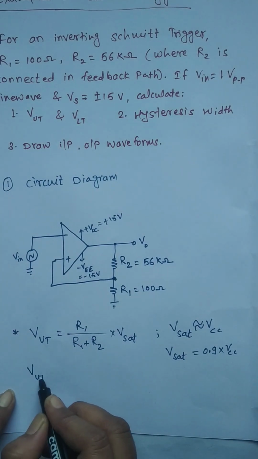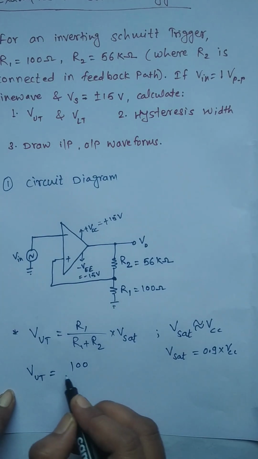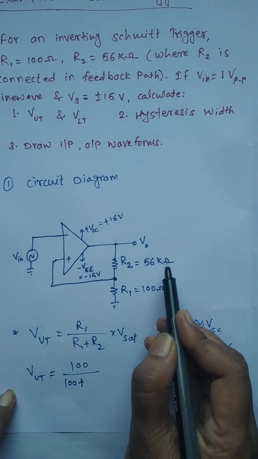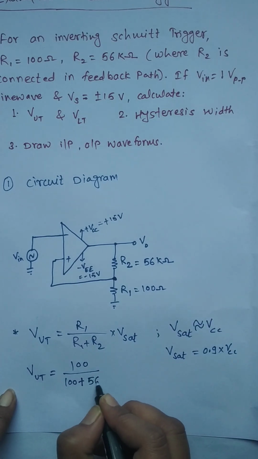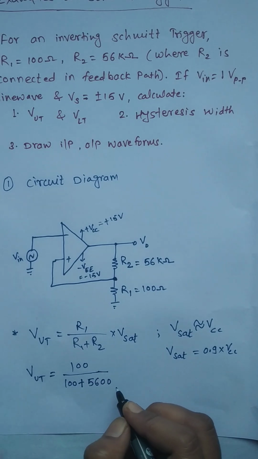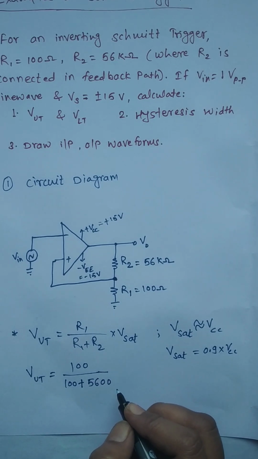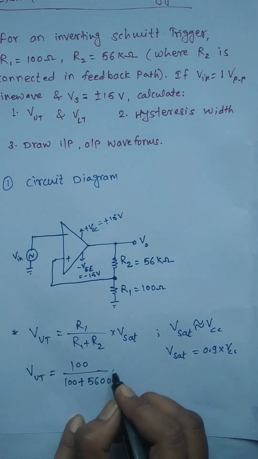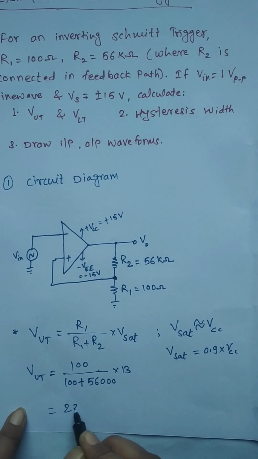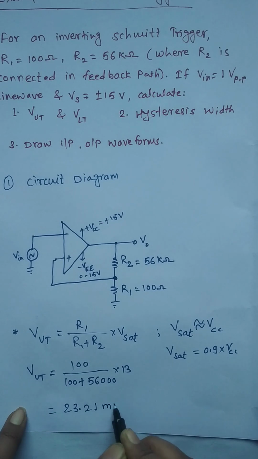So put in all the values. R1 value is 100 ohm upon 100 ohm plus, now it is in kilo ohm, so we need to first convert it into ohm, so 56,000 ohms, multiplied by 13 volt. If you calculate this, you will obtain the value of VUT as 23.21 millivolt.